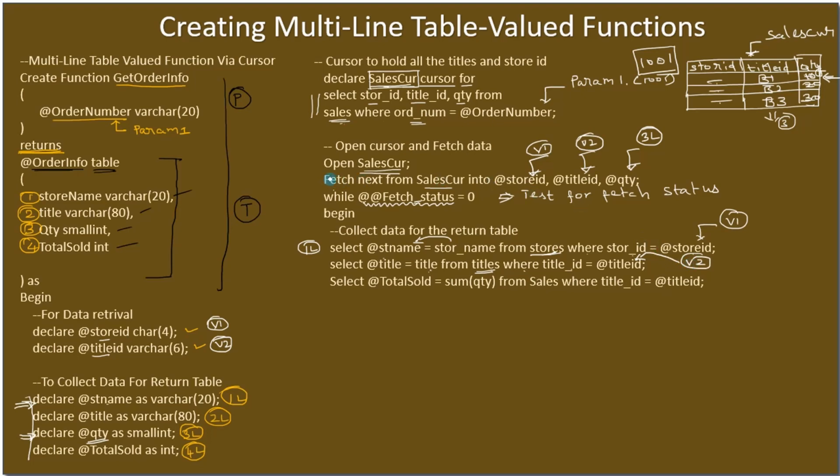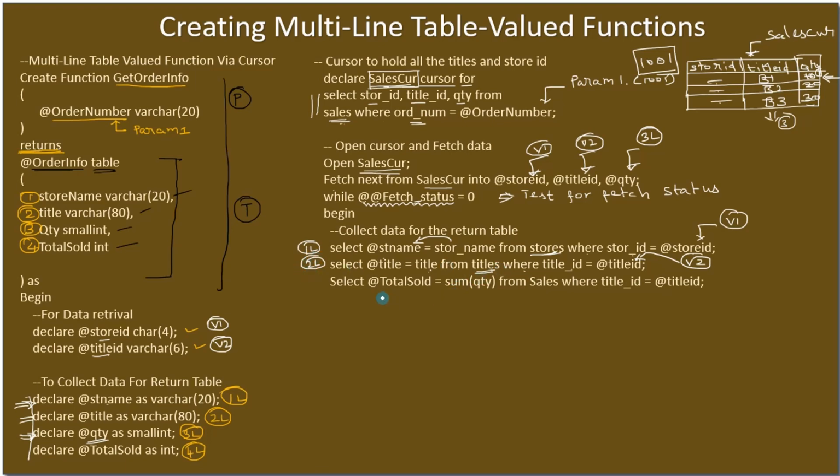Right, here in the cursor fetch itself, we are taking this data, filling it in the local variable, and we are using it to retrieve further data. Now @title got filled. So @title is here. That means we filled our local variable 2L as well.